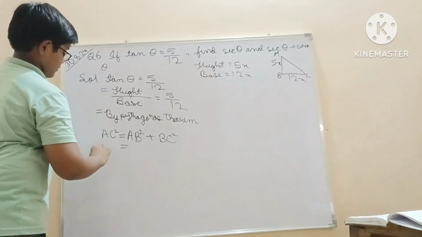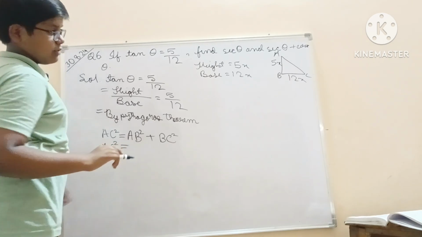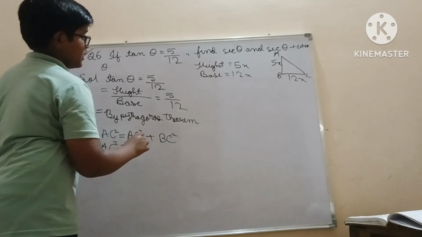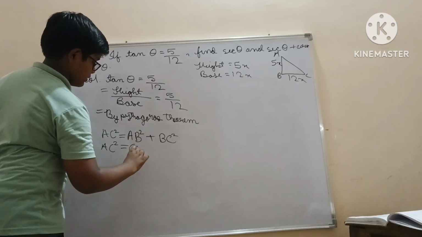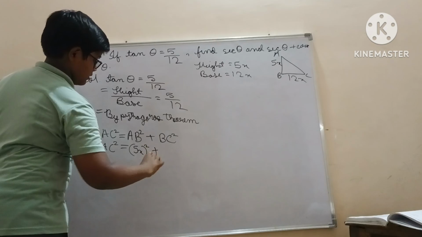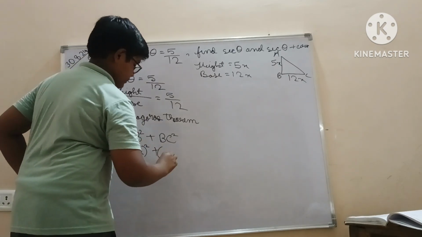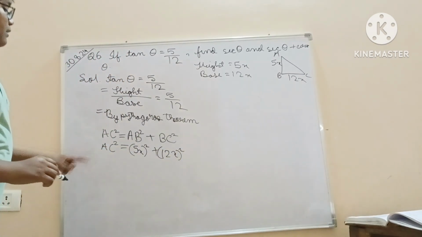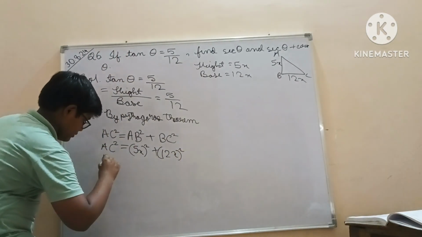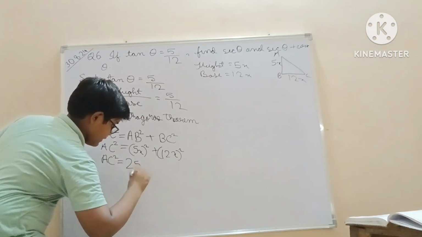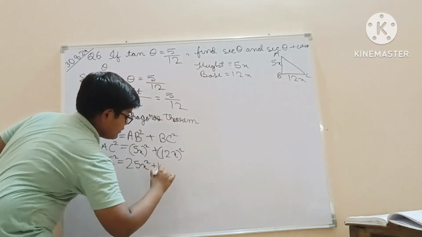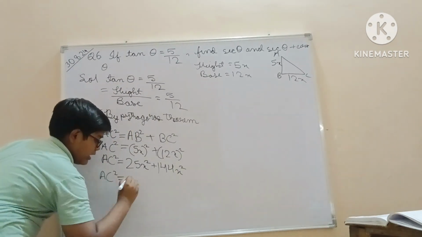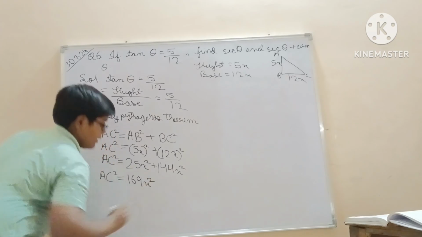Now we will keep the value of AC square as AC square because there is no value of AC yet, and we will put the value of AB square as 5x whole square plus BC square as 12x whole square. Now we will determine the value of AC square, which is 25x square plus 144x square, which will give us the value of AC square as 169x square.